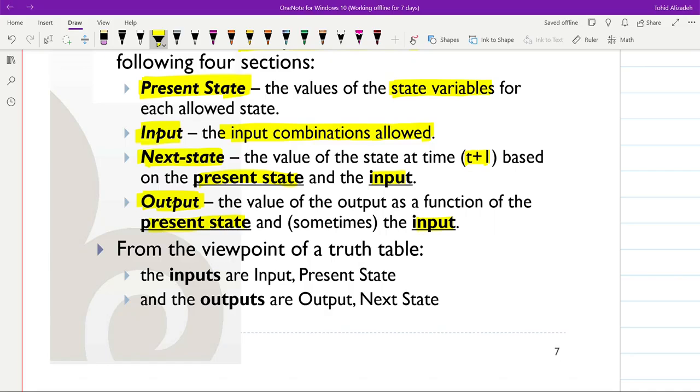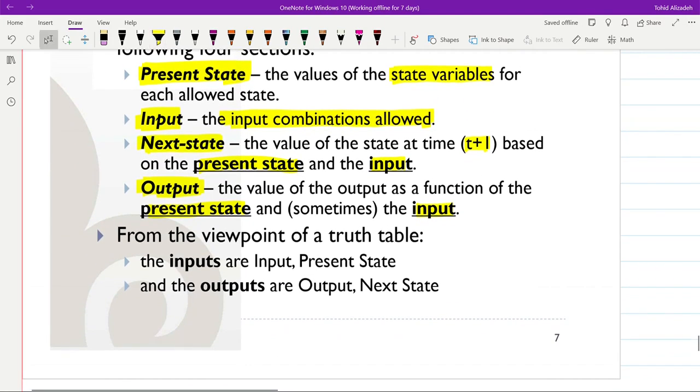If we look at the state table in the form of a truth table, then we will have the input and present state forming the inputs for our truth table, and the output and the next state will form the outputs.